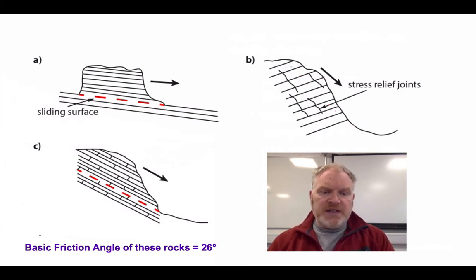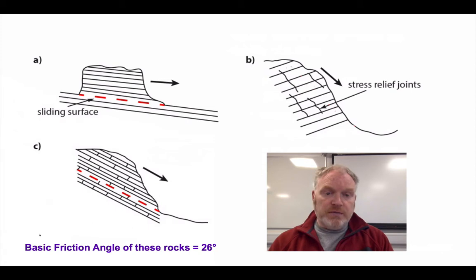If, though, the basic friction angle of the rocks shown in these diagrams is 26 degrees, the dip of that potential sliding surface, that discontinuity, is less than 26 degrees.